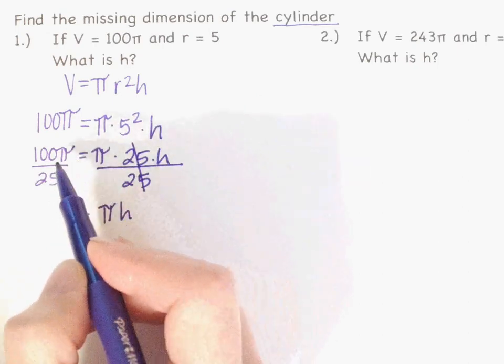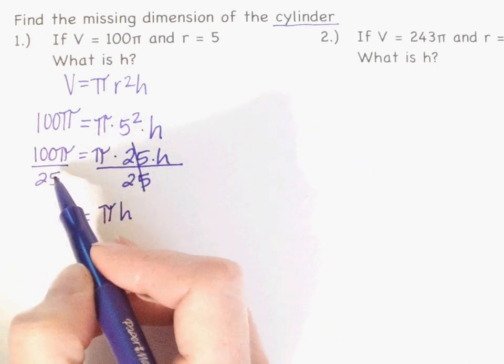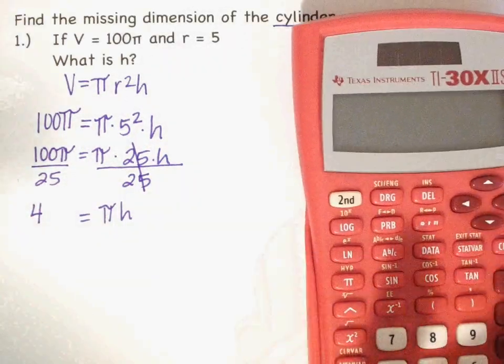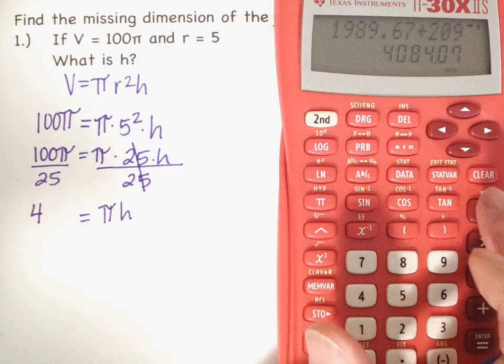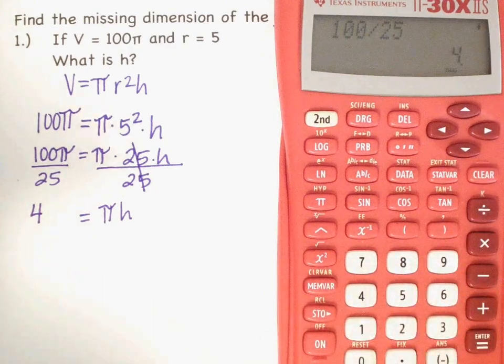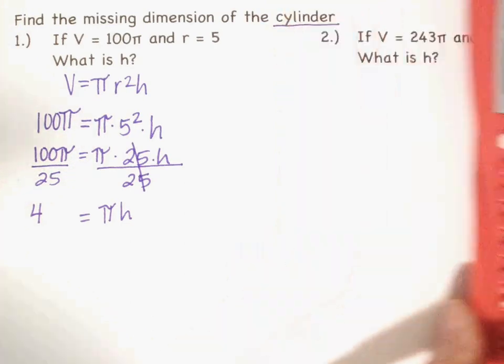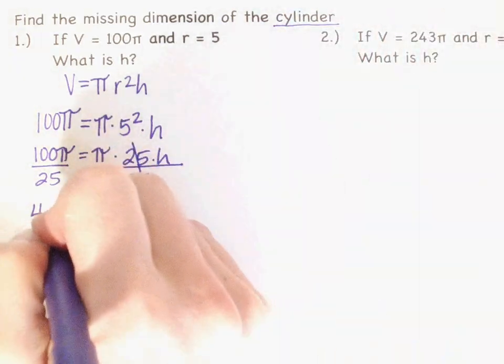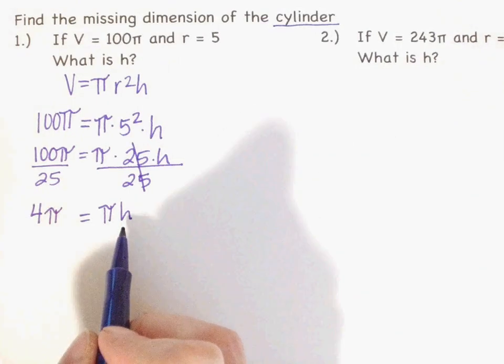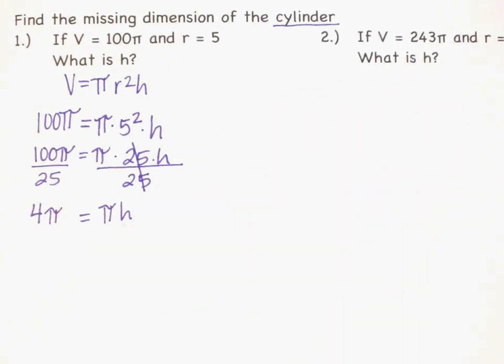I'm going to divide 100 by 25, and that gives me 4. If you want to double check my math, 100 divided by 25 is 4, okay? And then I still have that pi, and that pi is going to get dropped down. So I'm almost there, getting a little bit closer to solving for h, getting h by itself.